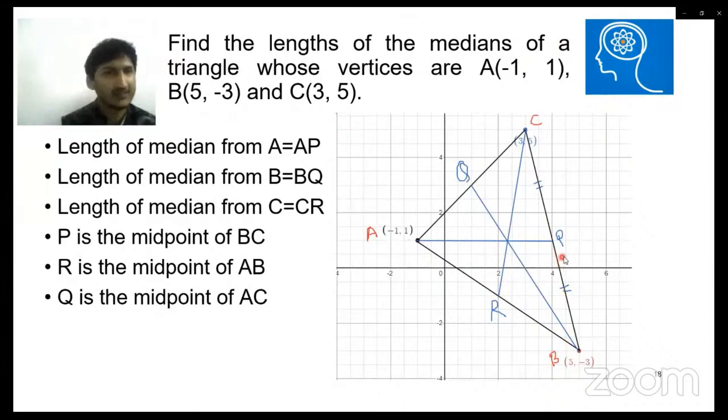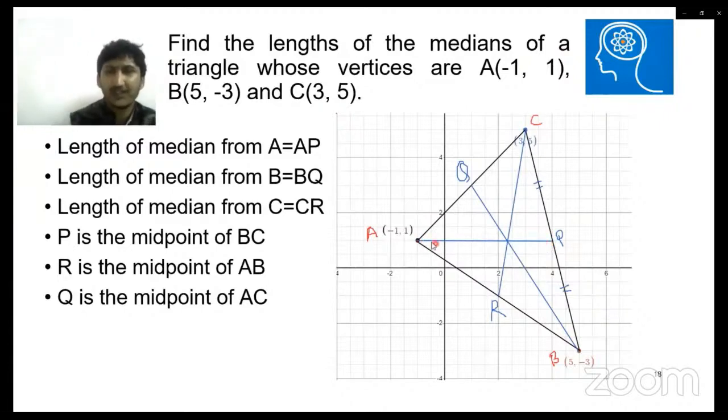So we take the midpoints of all the 3 sides. Why did we take the midpoints? Because the length of a median can be found only if we find the midpoint. And why is that? A median is the line segment connecting a vertex to the midpoint of the opposite side.